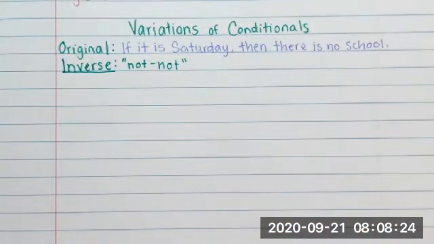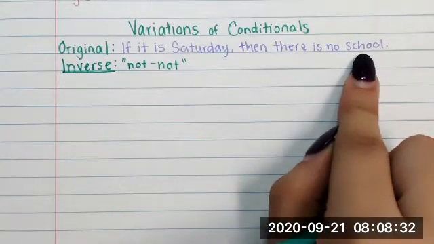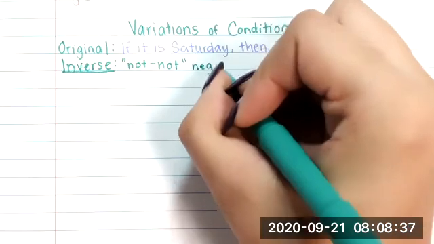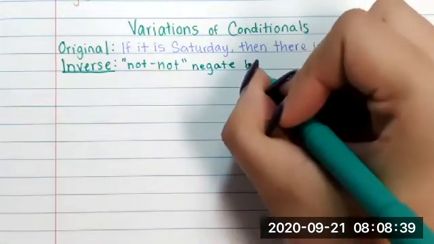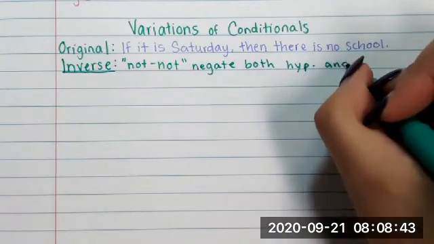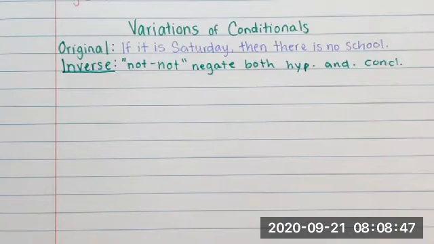The reason I call it the not-not is because you are negating both the hypothesis and the conclusion. So that's just my shorthand, negating both the hypothesis and the conclusion.